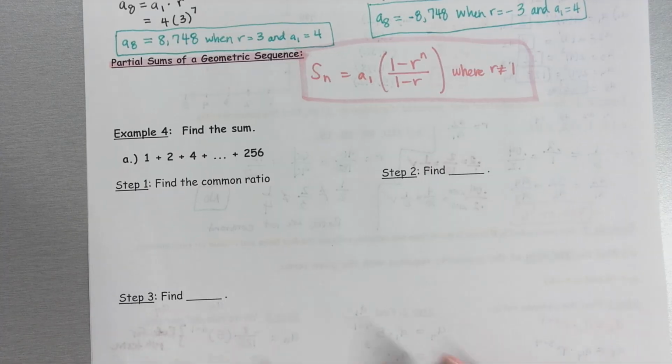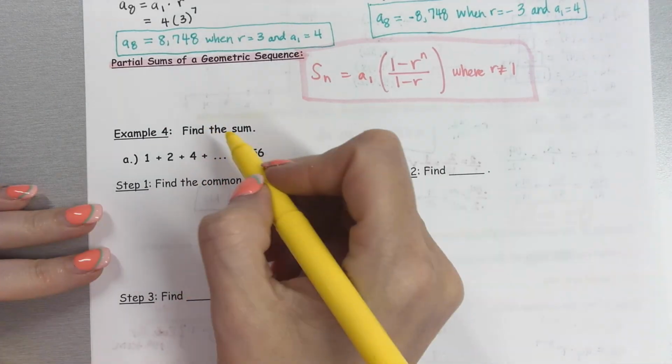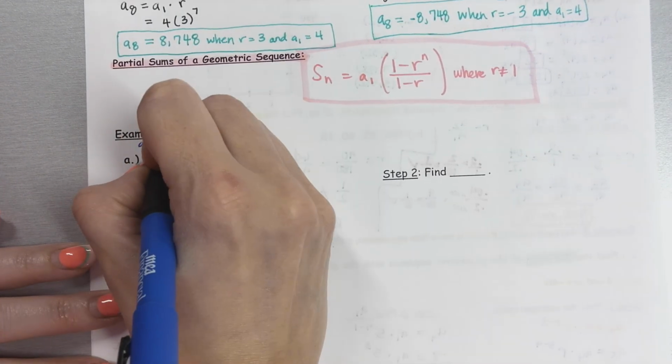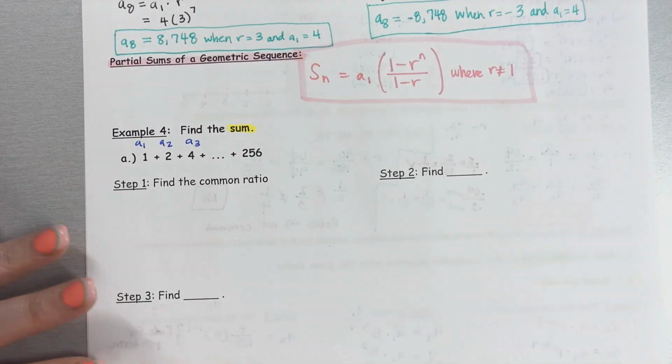Okay, in our first one, it just says find the sum. What we can do is find the common ratio based on what we have. We have a sub 1, a sub 2, a sub 3.